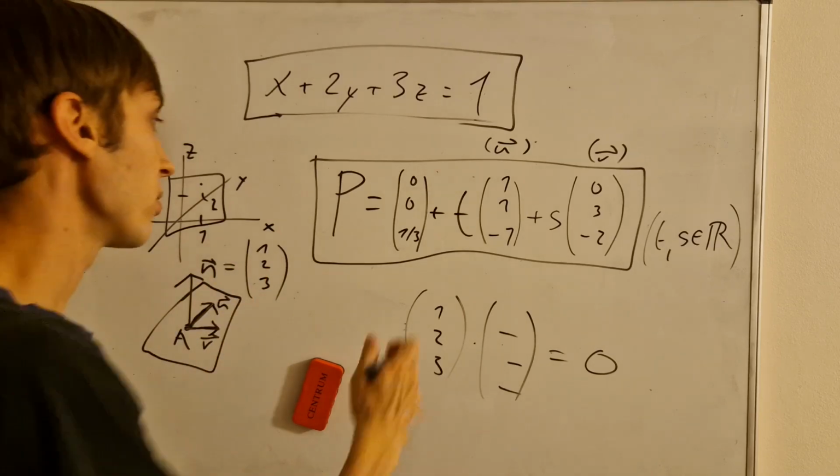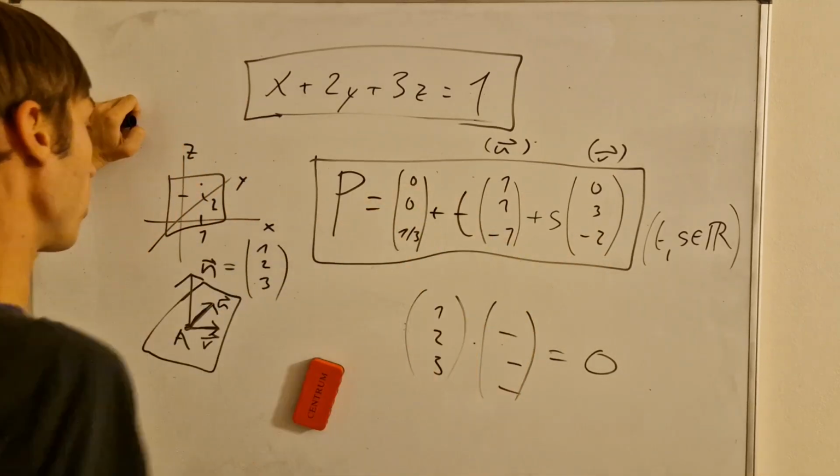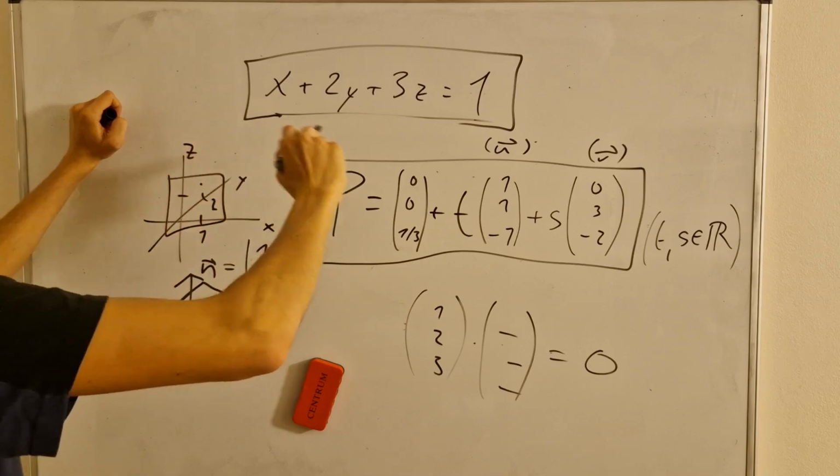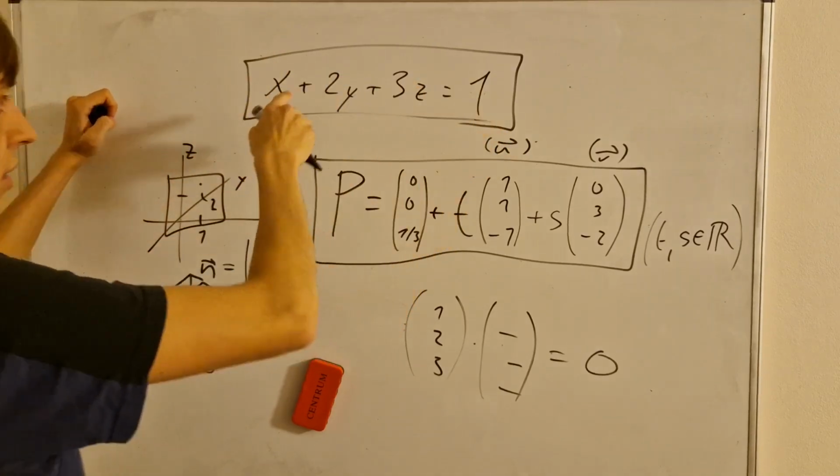And so we can put any real numbers for t and s and get some point on the plane, and that proves that it is equivalent to exactly what the plane was stated to be by the initial equation.